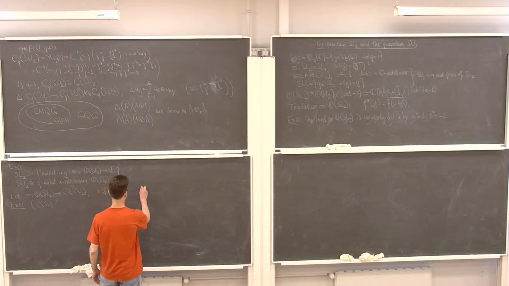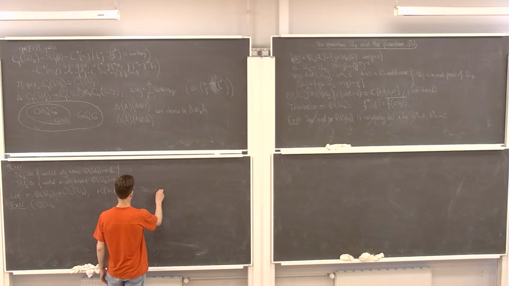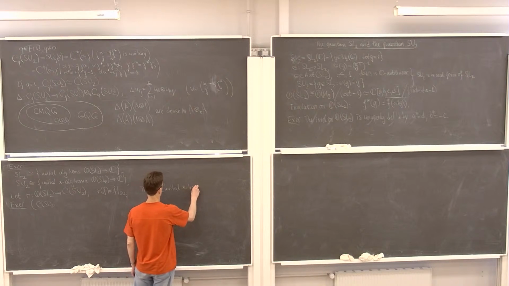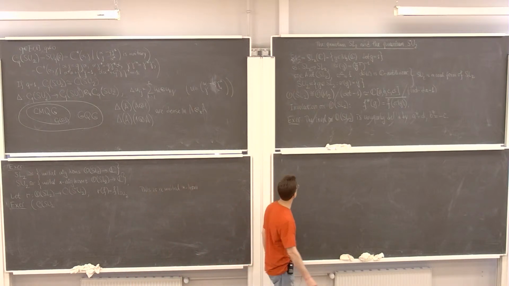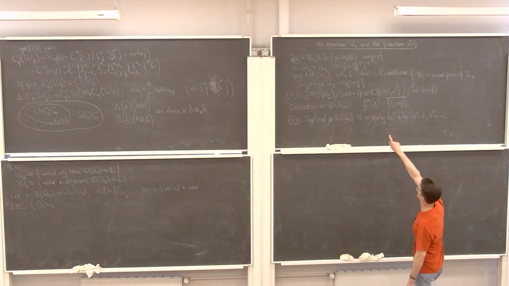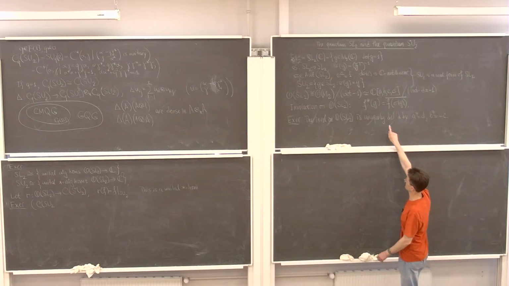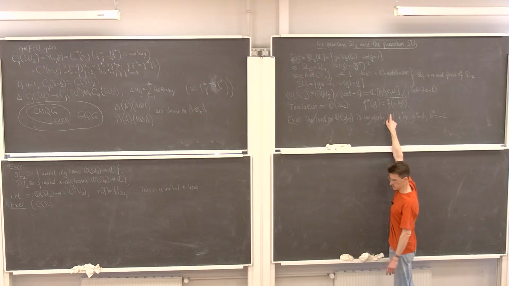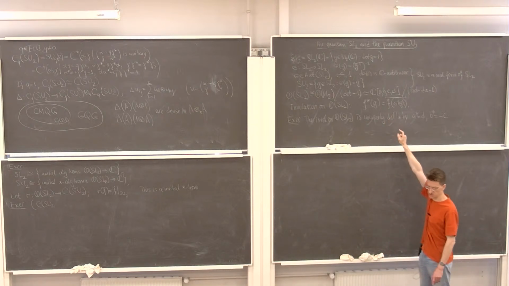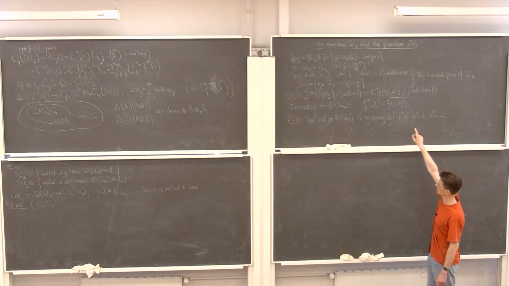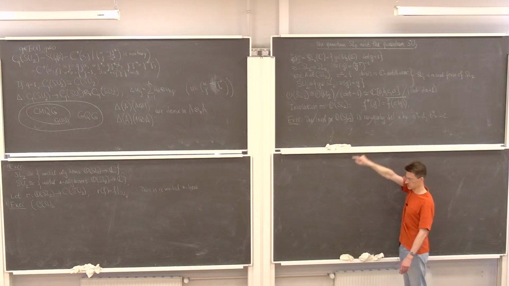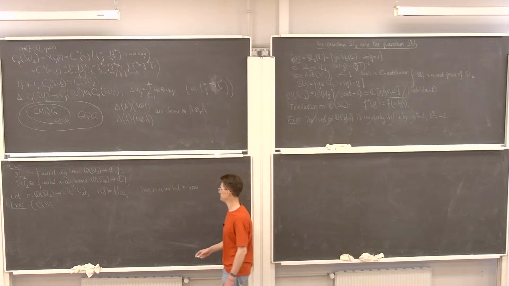So this is a unital star homomorphism, because the involution on the algebra of regular functions is given by this formula, and the involution on the algebra of continuous functions is just the complex conjugation. But if g already belongs to SU2, then sigma of g equals g, and this is just the complex conjugation. So R is indeed a star homomorphism.